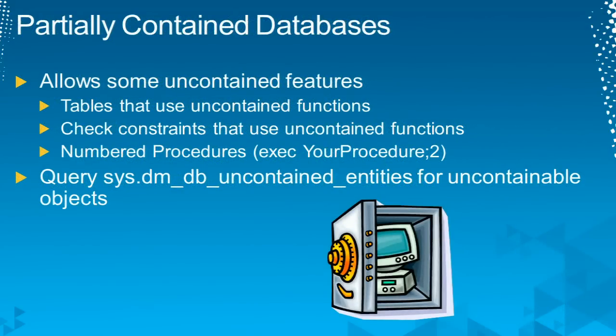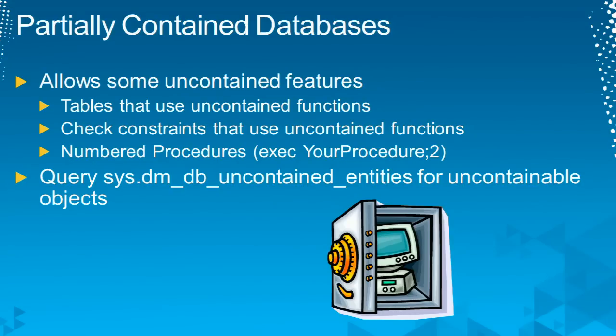So partially contained databases. A partially contained database is going to allow you to use some contained features and some uncontained features, hence the name partially contained. Some of the things you can do safely: when you create a table, you can use an uncontained function, basically a function that references something in master. Check constraints, again, that use uncontained functions. If anybody's using numbered stored procedures, does anybody actually use these?